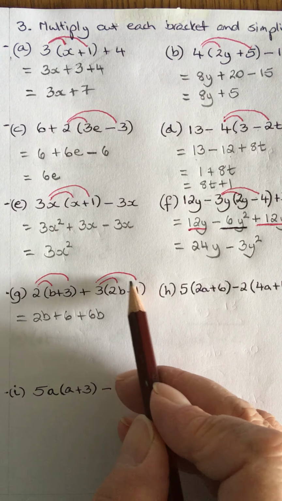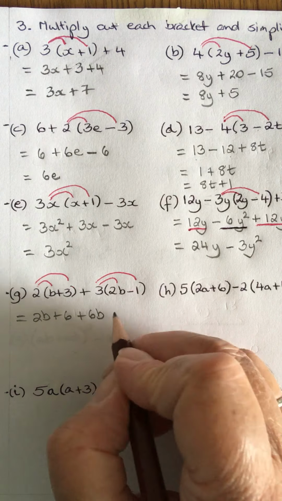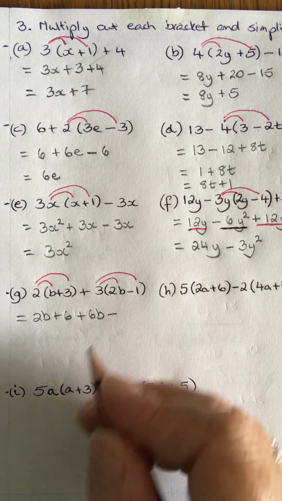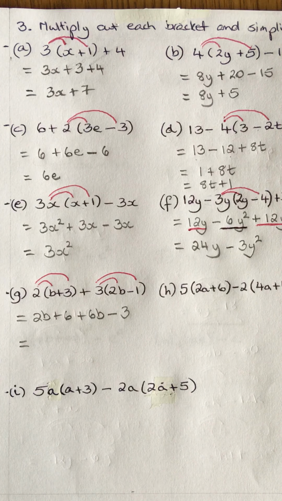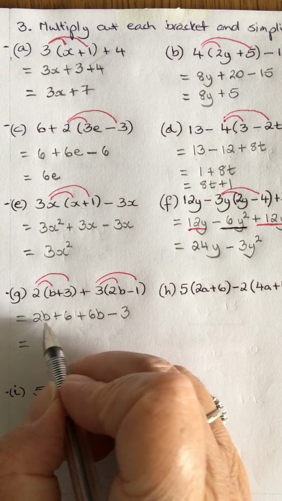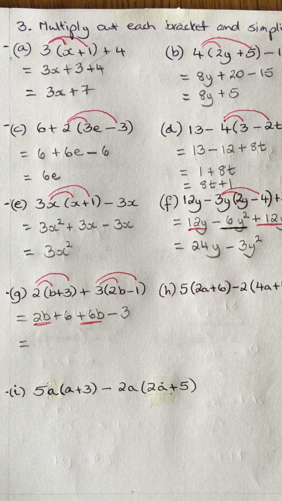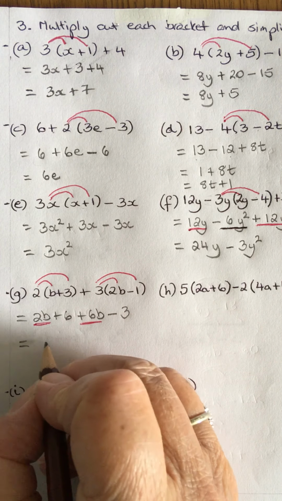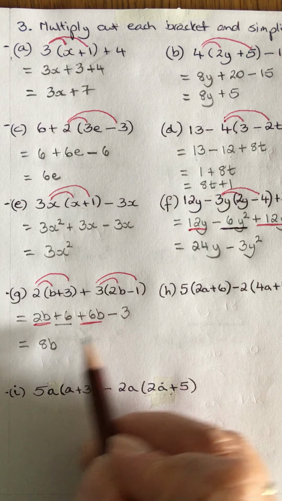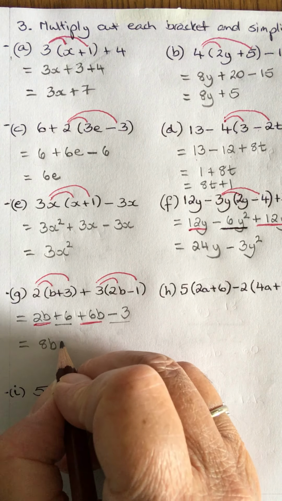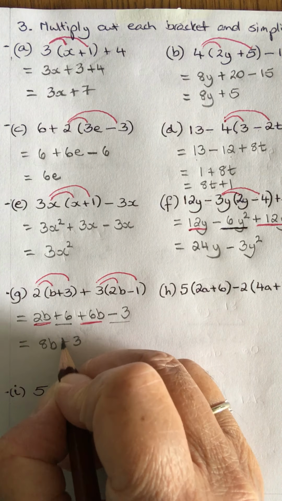Positive 3 times negative 1. Positive times a negative, you end up with a negative. 3 ones are 3. Okay, we can then tidy that up. So we've got 2b plus 6b gives us 8b. And then we've got the positive 6, take away 3, which means we've got plus 3.